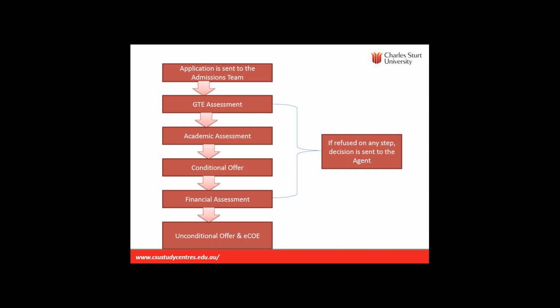So the first stage, we need to submit the application package, the application form and the transcript. I'll tell you more details later on, slide by slide. The application is sent to the admission team. When sending the application to the admission team, just make sure you also have your URN number. The URN number is your agency number.